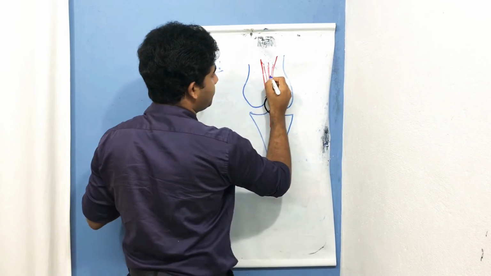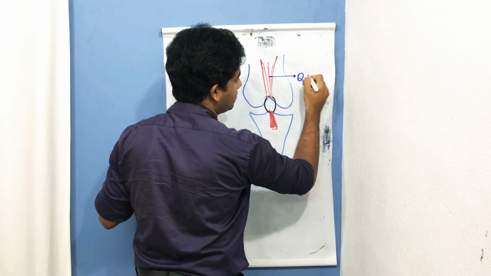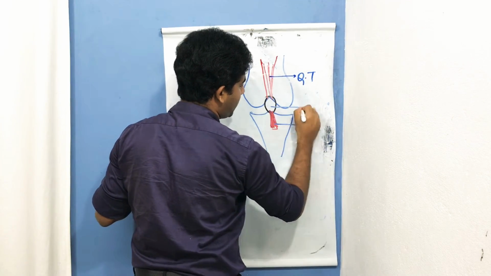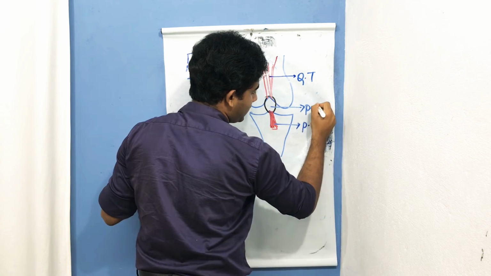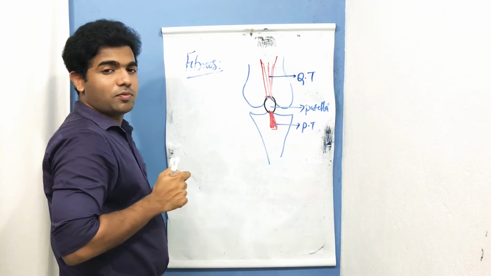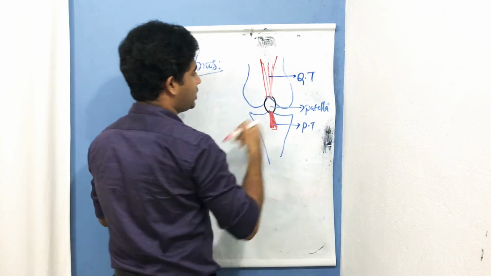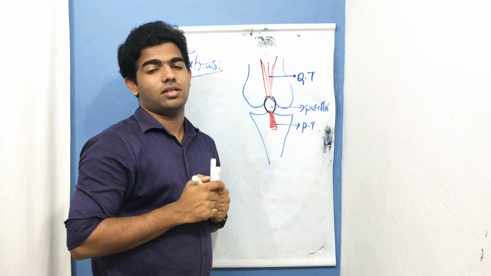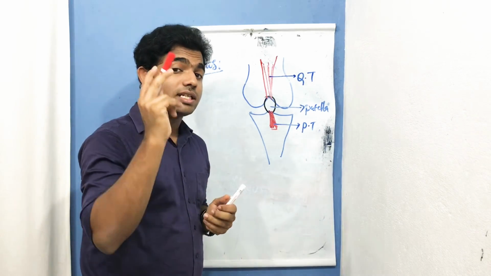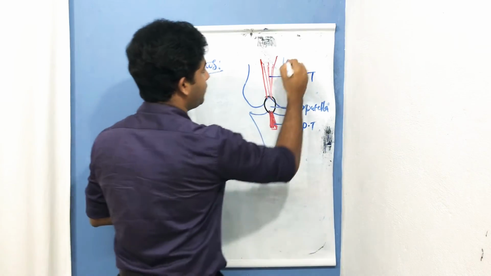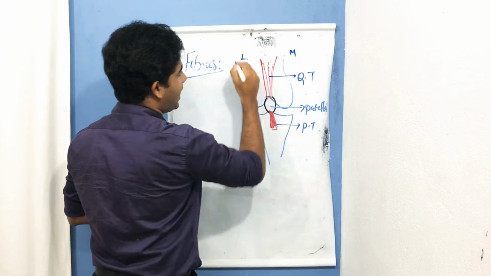Anteriorly, the quadriceps tendon, the patellar tendon and the patella along with the fascia covering it together form a structure known as the extensor retinaculum. But the extensor retinaculum also contains two additional structures. This is the medial side, this is the lateral side.